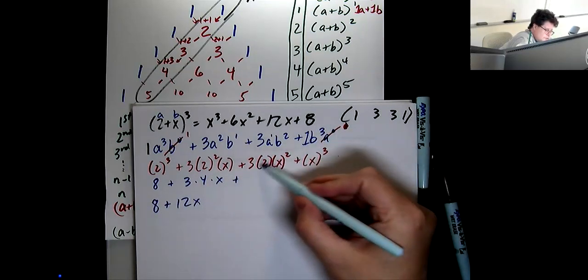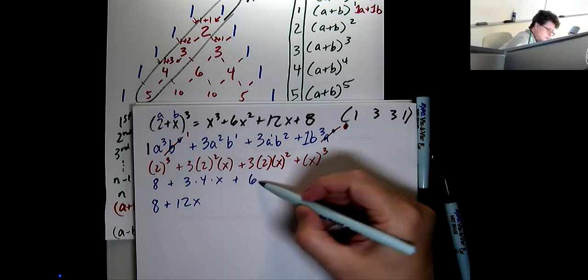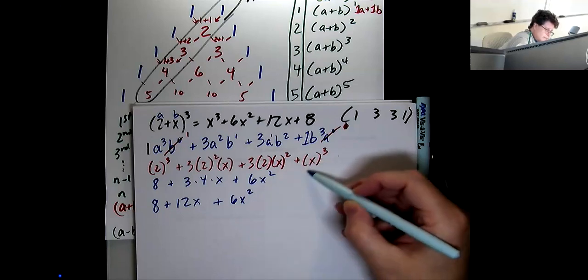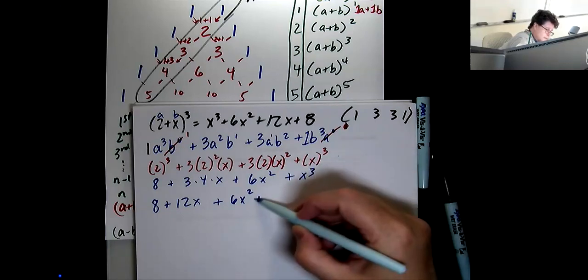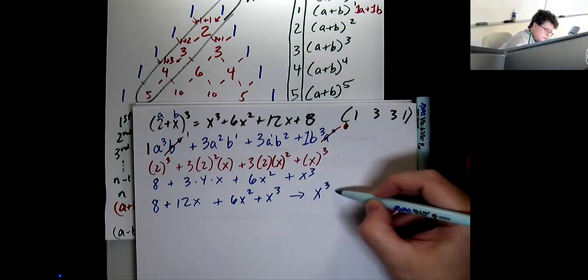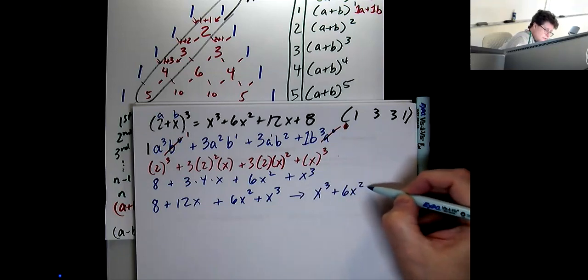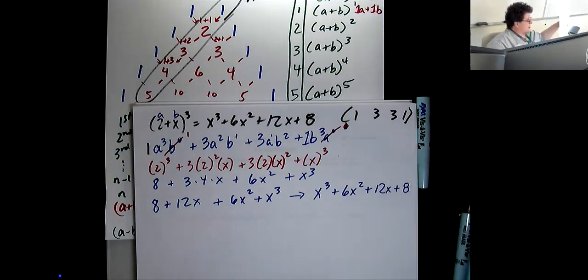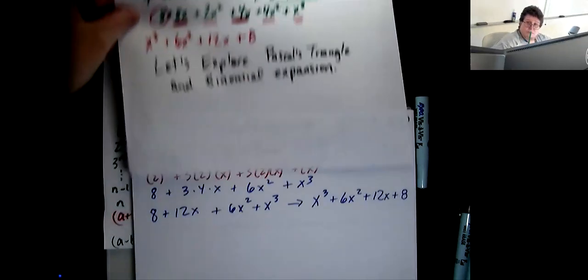And then 3 times 2 is 6, so 6x squared. And then plus x cubed. And if I rewrite them in descending order, I get the coefficients we calculated earlier.